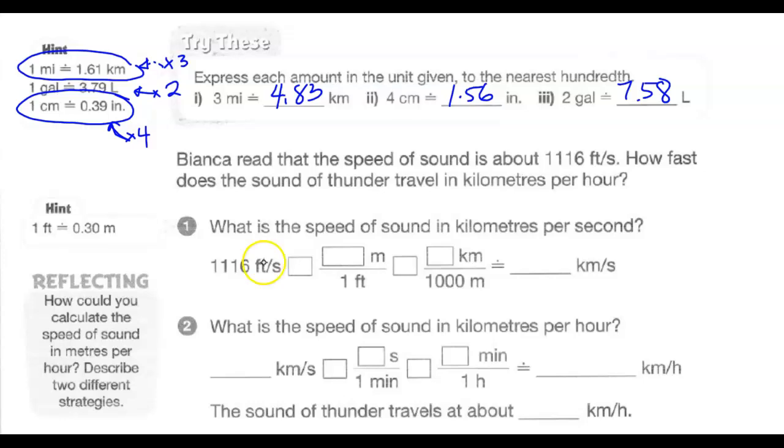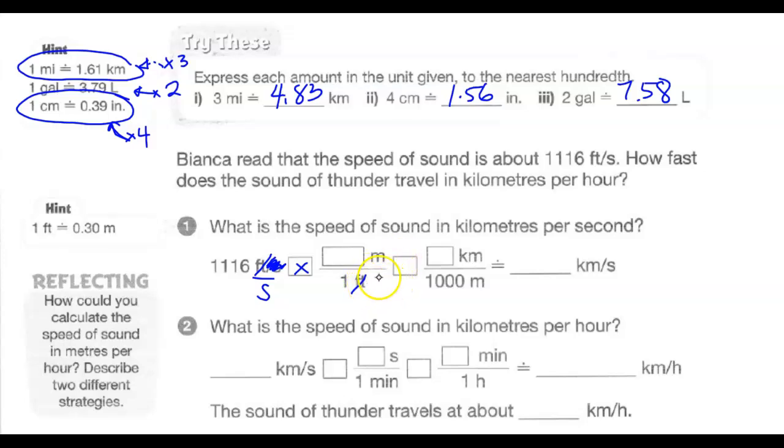So just remember here, you might want to think about this as feet over seconds. If I show it like this, then you know that your seconds are remaining in the denominator and you want to divide out feet. So we're going to multiply by however many meters are in a foot, because then the feet units divide out.